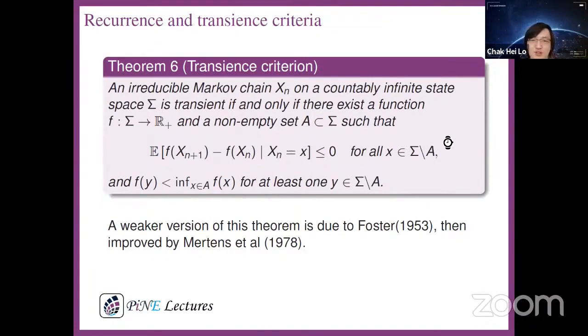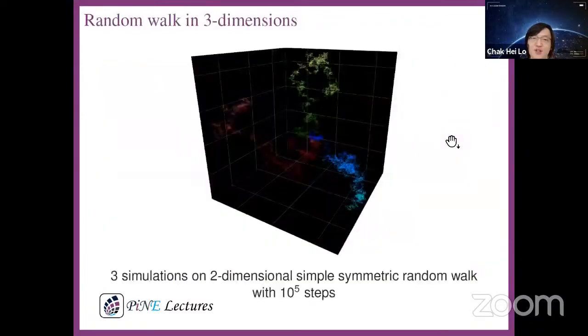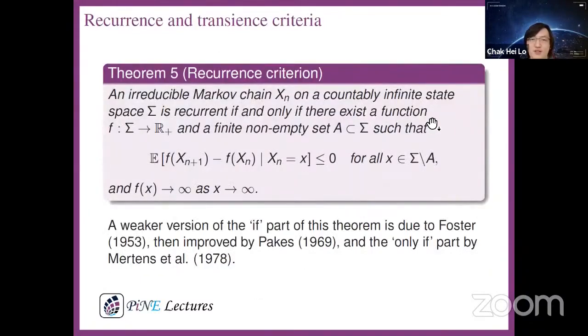The two sides are slightly different. For the recurrent case, you want to find a finite non-empty set A to satisfy this condition. Usually it will be a set around the origin, which can do whatever it wants because it doesn't matter as long as the tail behavior is good enough. That is why this condition we only need to satisfy for all x outside of this region.